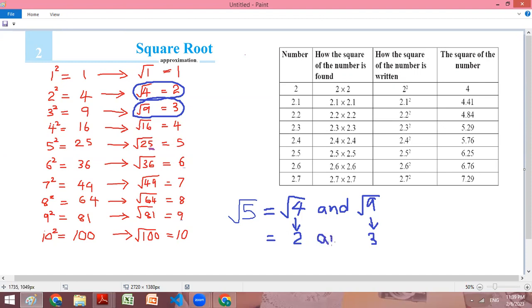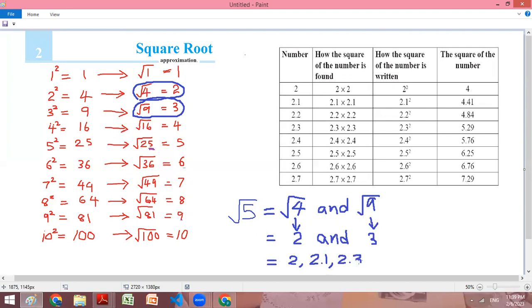But we don't know what the exact value is. But we know numbers in between 2 and 3 like this: 2, then 2.1. Consider the first decimal place only.